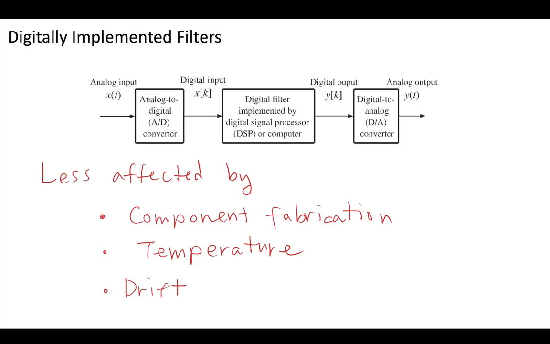Analog components tend to be more susceptible to changes in temperature and may drift over time as that analog device changes. But digitally implemented filters are much less susceptible to any of these things, as they're usually just put through some digital domain series of sums, etc. That don't get affected by those on-chip components.